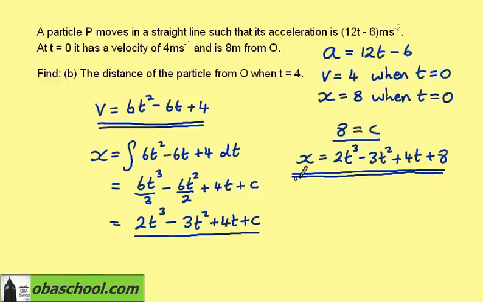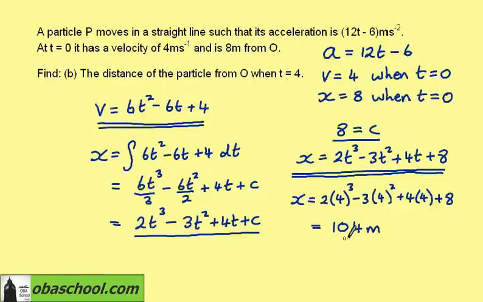So now, when t equals 4, x is going to be 2 times 4 cubed, take away 3 times 4 squared, plus 4 times 4, plus 8. And this is going to be 104 meters.